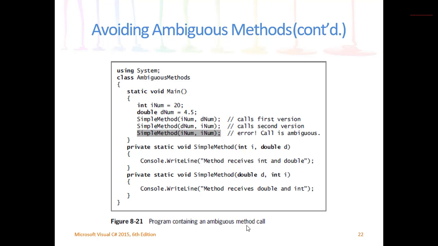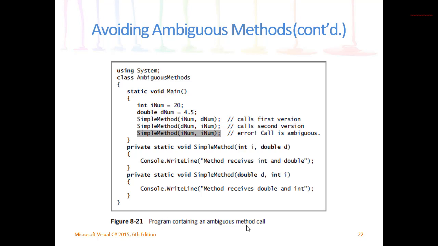It should write this, and then this, and then this. Actually, because of the ambiguous call, I don't think this will even compile. It will not even compile, so you're not even going to be able to run this, okay? Logically, yes, it shouldn't be possible.